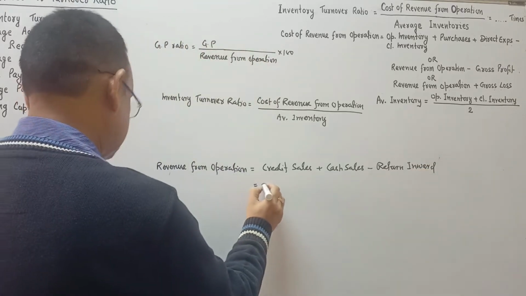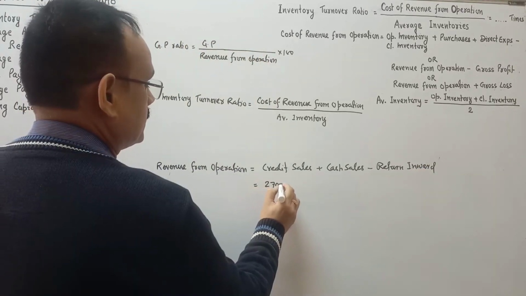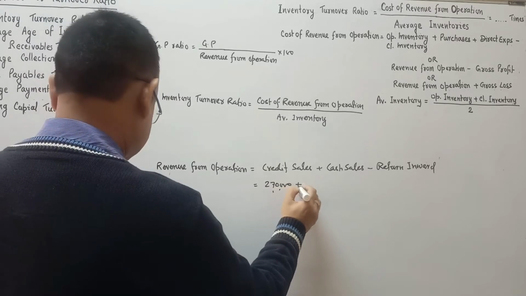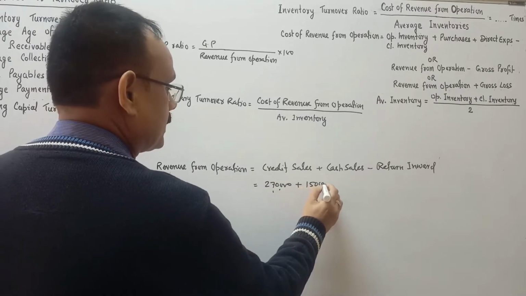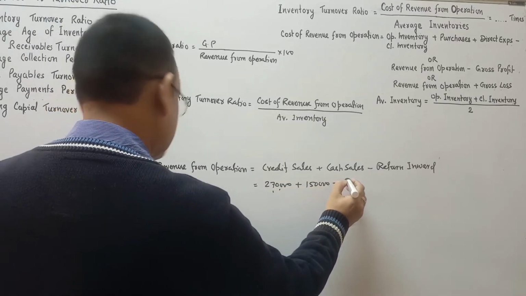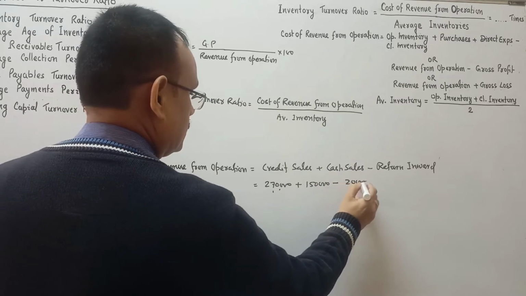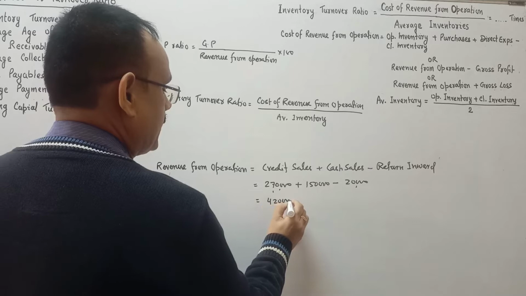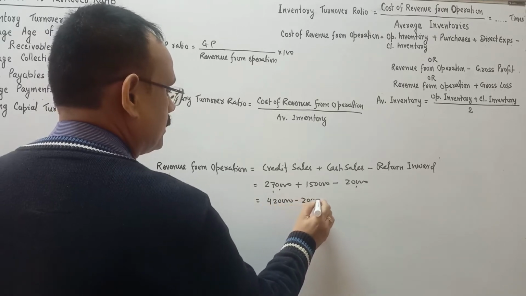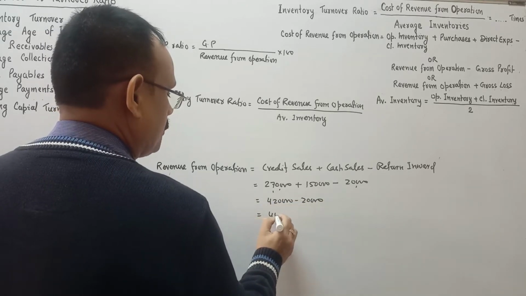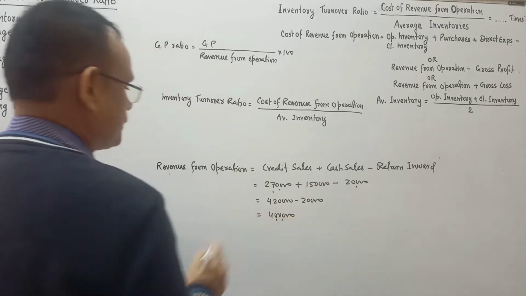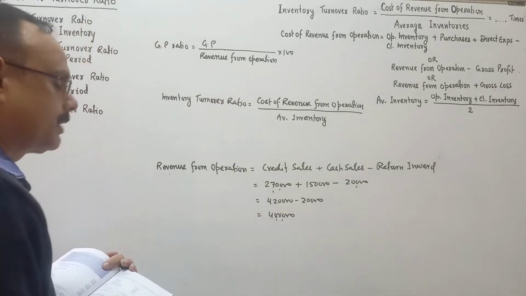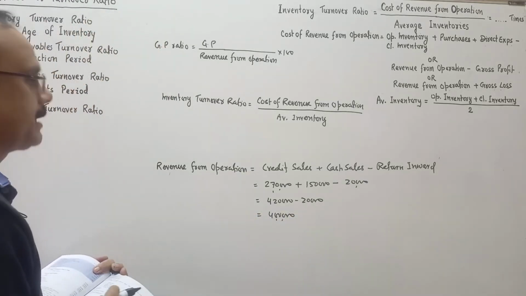So credit sales is 2,70,000, cash sales is 1,50,000 and return inward is 20,000. So it is 4,20,000 minus 20,000, so it is 4 lakh. Revenue from operation is 4 lakhs.